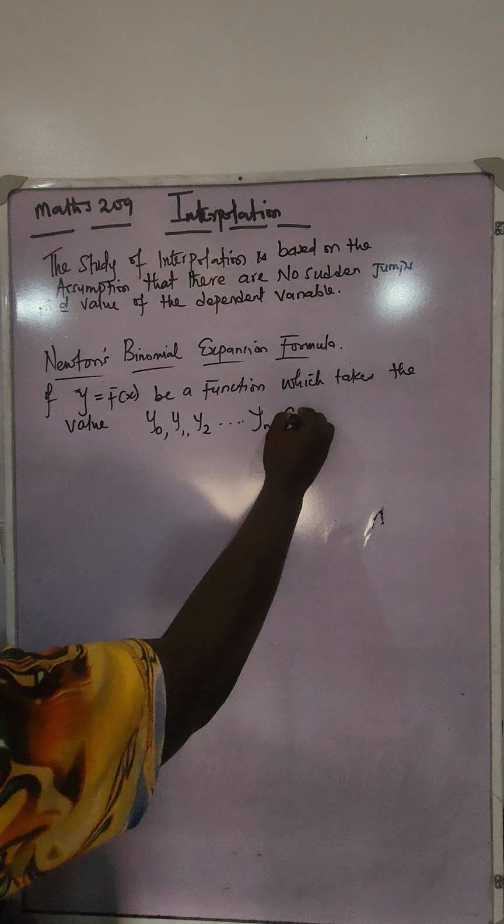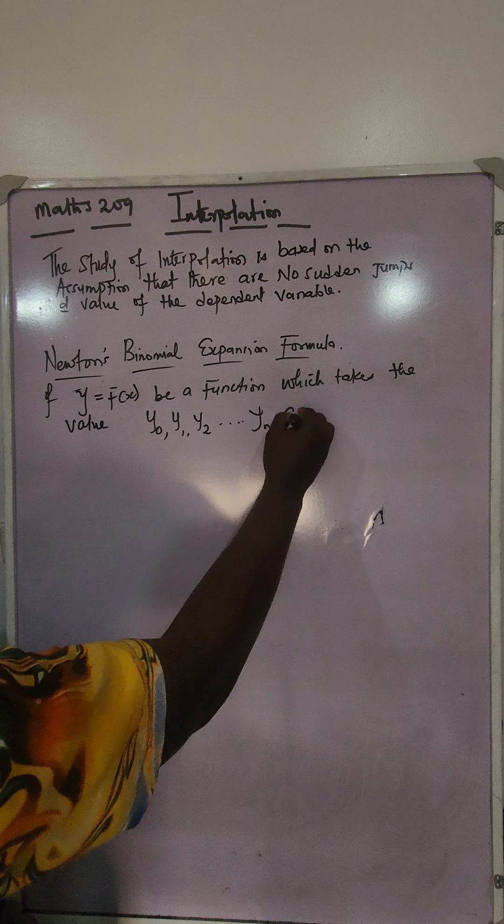We use this Newton binomial expansion to find missing figures on a table.